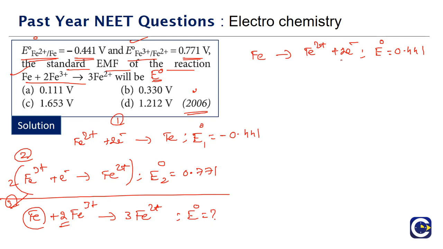For the equation Fe gives rise to Fe2+ + 2 electrons, what will be the del G value? Del G will be equal to minus nFE0, where n is the number of electrons, F is Faraday's constant, and E0 is 0.441. So this is the del G value for this reaction.